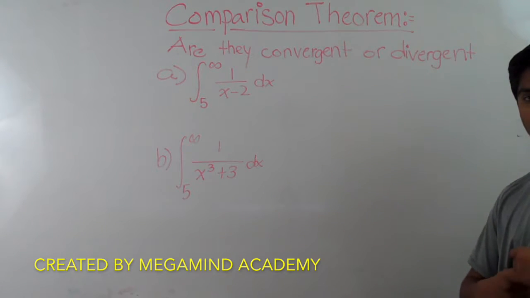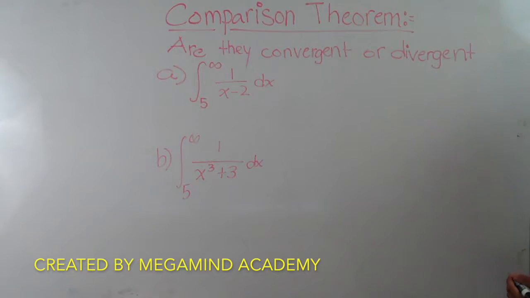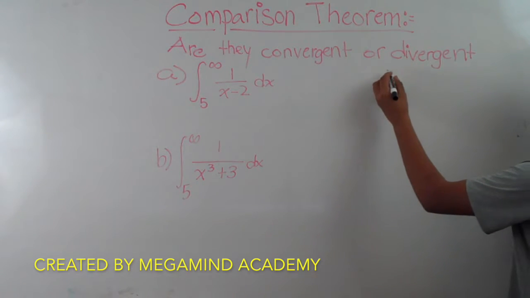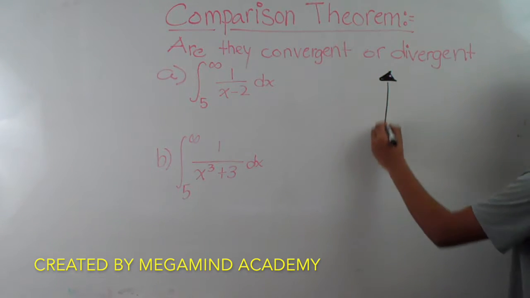Before we get started, let's first look at a graph and try and understand what the comparison theorem is. So let's say we just had a standard x and y axis graph.